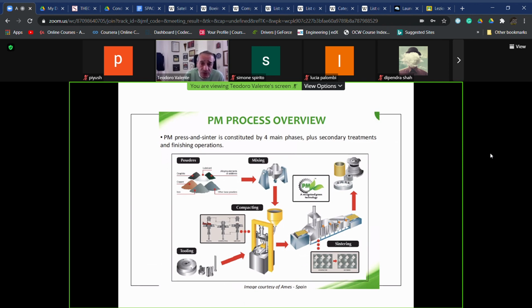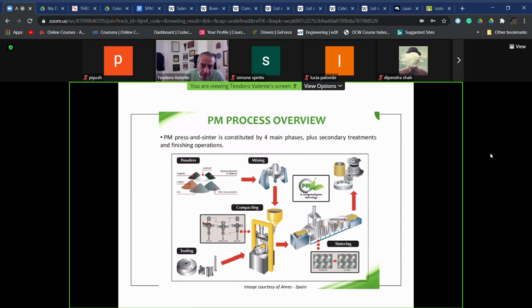Essentially, we have 4 steps, 4 phases. First one, we need obviously the starting powders. Then we have to mix these powders. And here we do have technologies for powder production and technologies for, let me say, mixing.